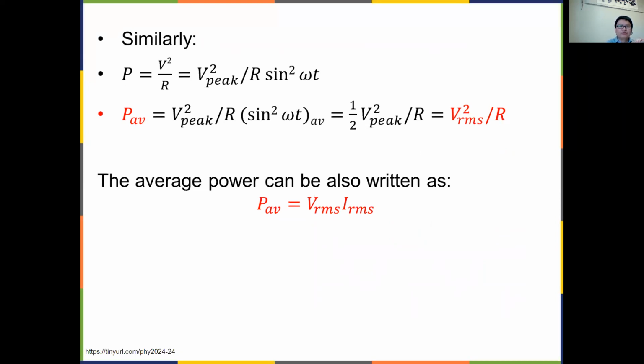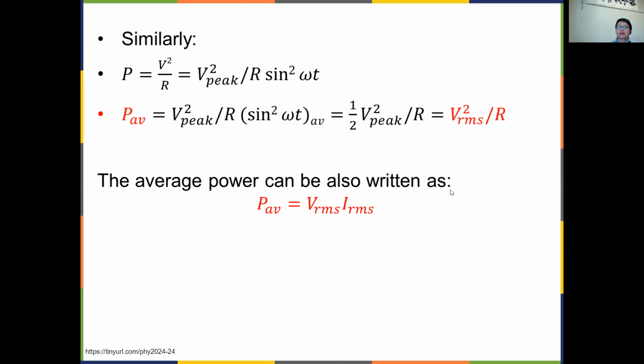If you do V squared over R, then you'll be doing V peak sine omega t squared, which means V peak squared sine squared omega t, divided by R. If you do the average, V peak squared times the sine squared average will give you 1/2 of V peak squared, divided by R. This 1/2 V peak squared is equal to the root mean square squared, divided by R. So the average power is equal to V root mean square squared divided by R. It's similar to V squared over R, but you're just using the root mean square quantity of voltage.